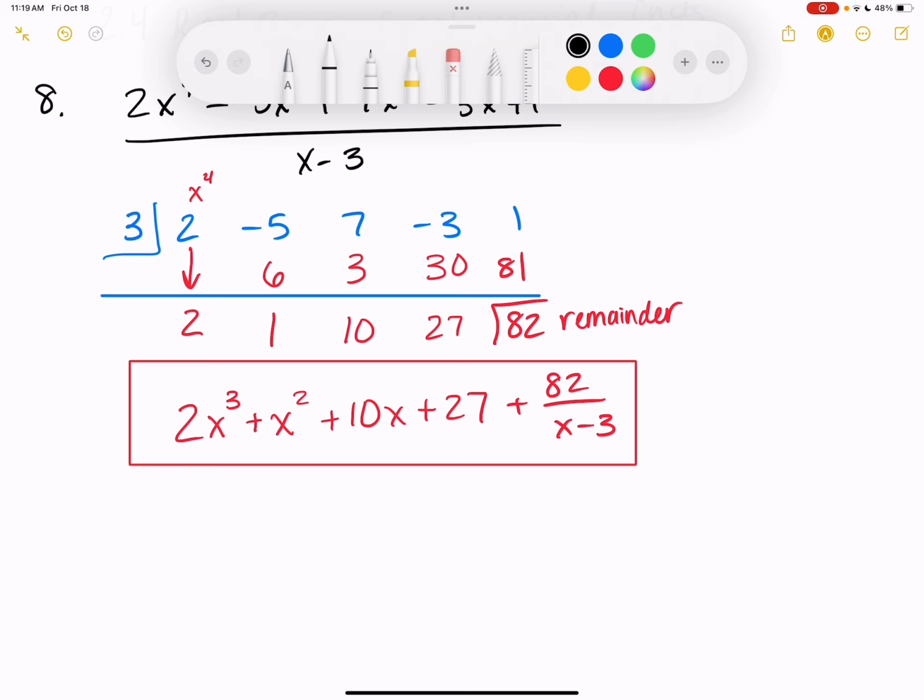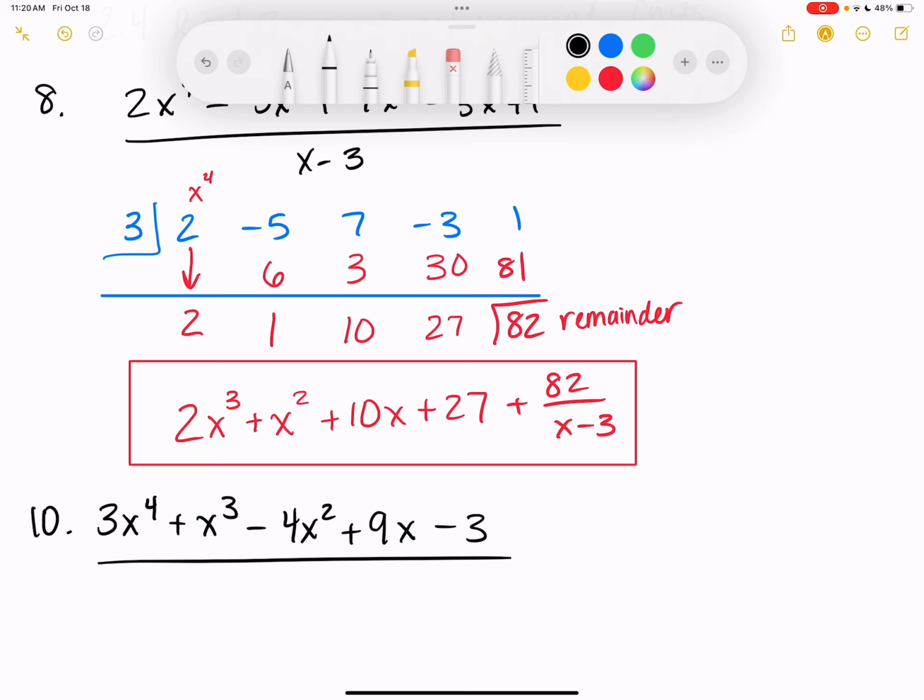Let's look at another one. 10. 3x to the 4th plus x cubed minus 4x squared plus 9x minus 3 divided by x plus 5.